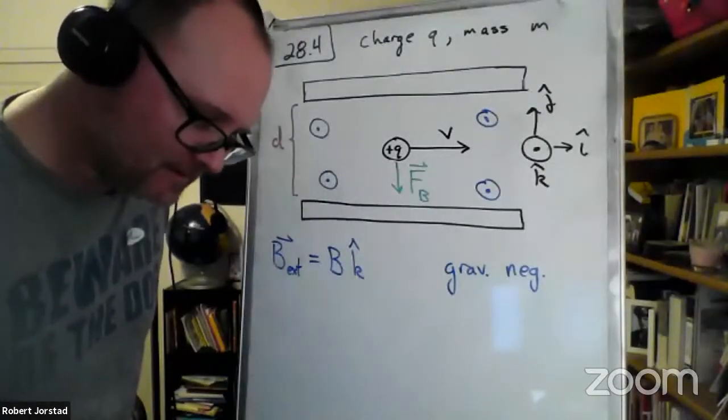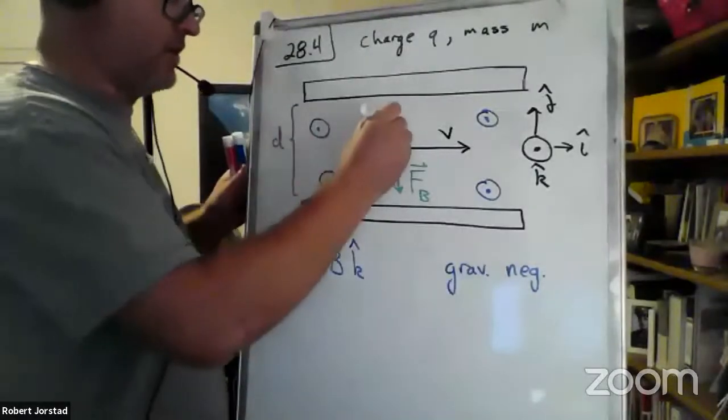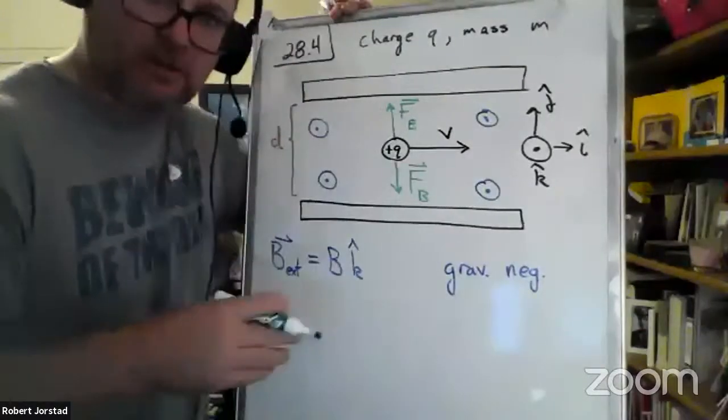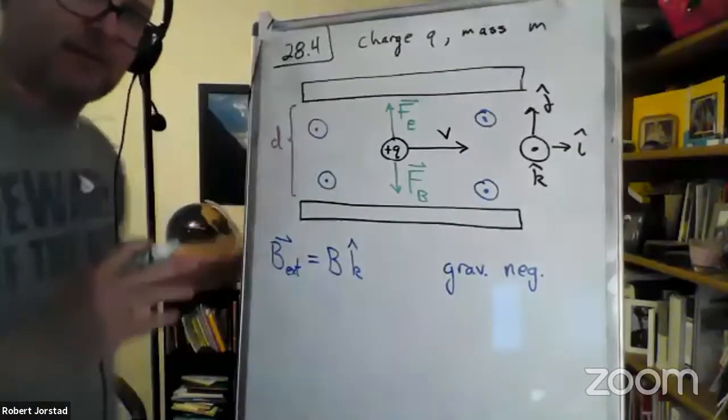I was just going to say that if we wanted it to be balanced, so we want force to go up. Okay, we need a force to go up from the electric field. Otherwise, it won't be balanced. Does everybody agree with that? I hope they do. Good. Okay, so then what were you going to say next when I interrupted you?